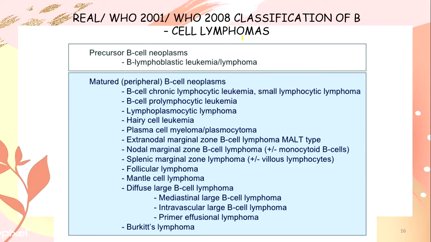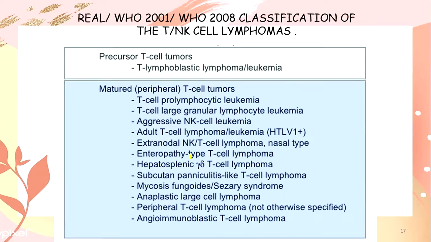WHO classification of B cell neoplasms categorizes lymphomas into precursor B cell neoplasms and peripheral B cell neoplasms. You have to memorize 5-6 names in this category. It includes follicular lymphoma, mantle cell, diffuse large B cell, Burkitt, hairy cell, and all the others which are mentioned in this figure.